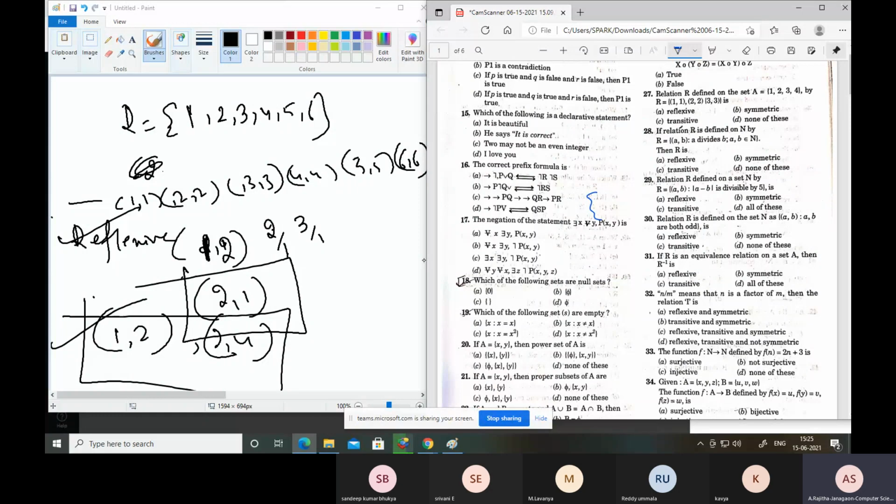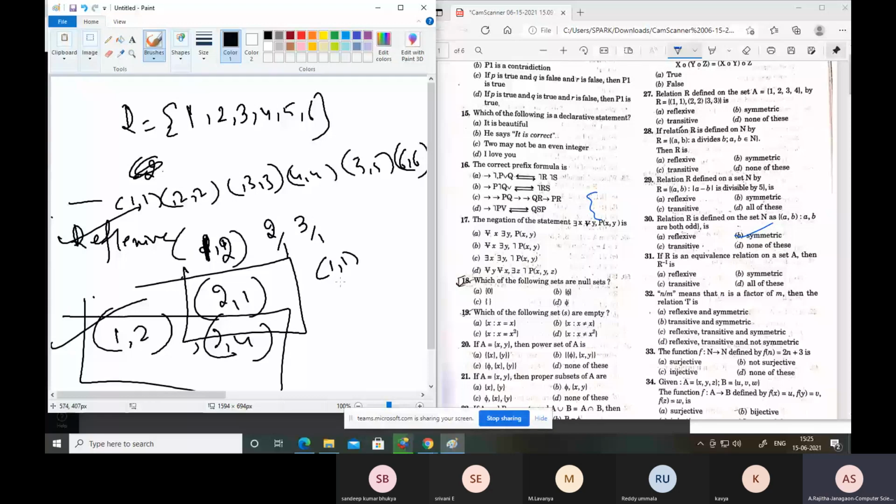That means suppose here there are odd numbers 1 comma 1, and A and B both are odd numbers. So natural numbers 2 comma 2, this is not. Here 1 comma 1 is there, 1 comma 3 is there, and 3 comma 1 is there.